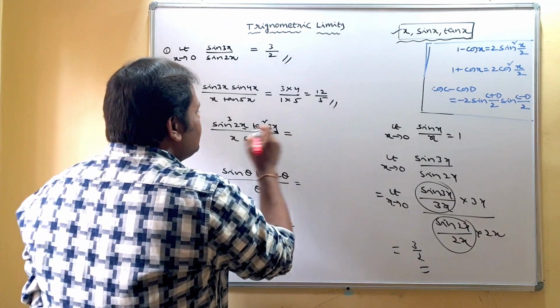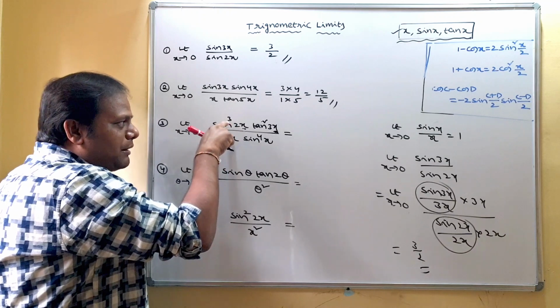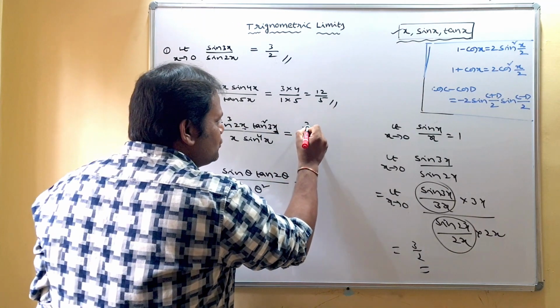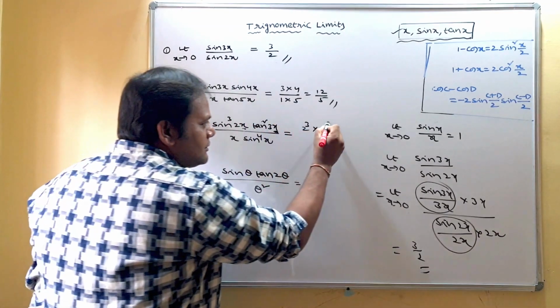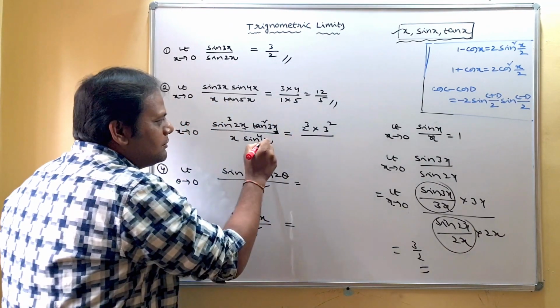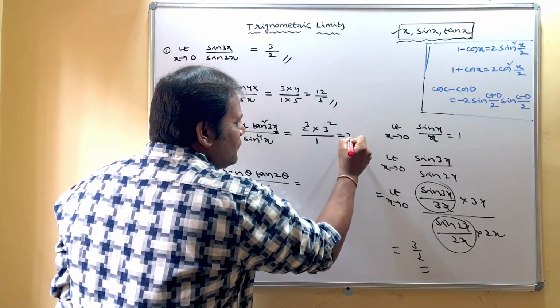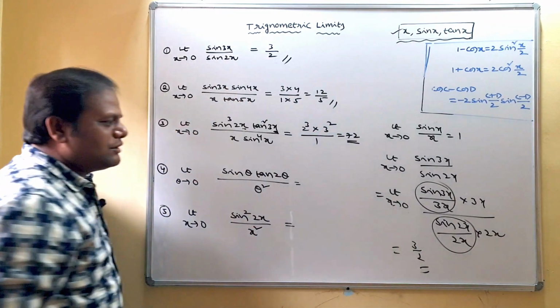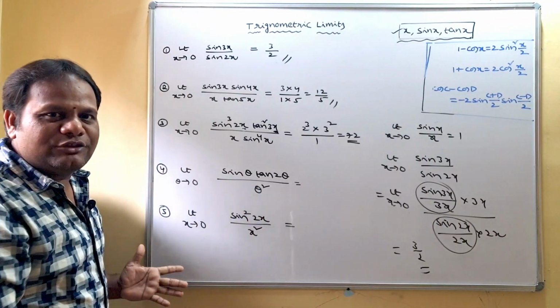So the answer is their coefficients. Here, what is the x coefficient? 2. But we have cube, so it is 2 cube into, here 3, we have square, so 3 square by, here 1 only, so leave it. So it is 8 into 9. What is the answer to this question? That is 72.